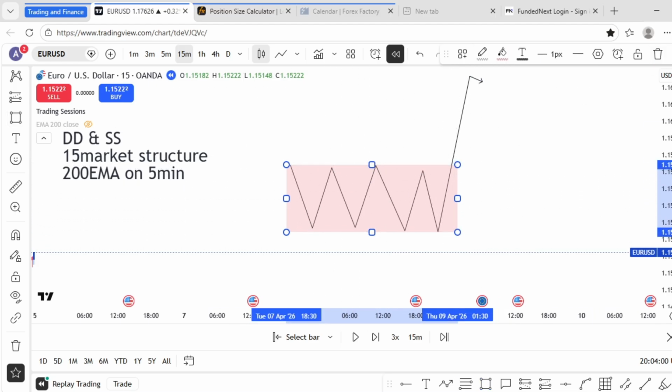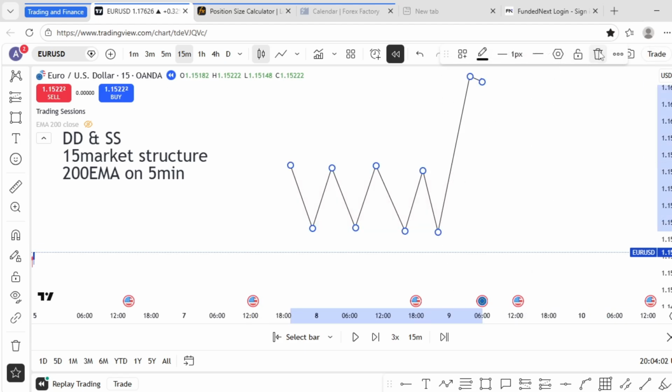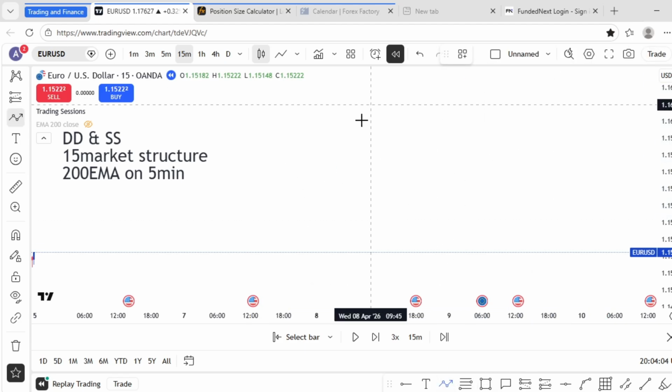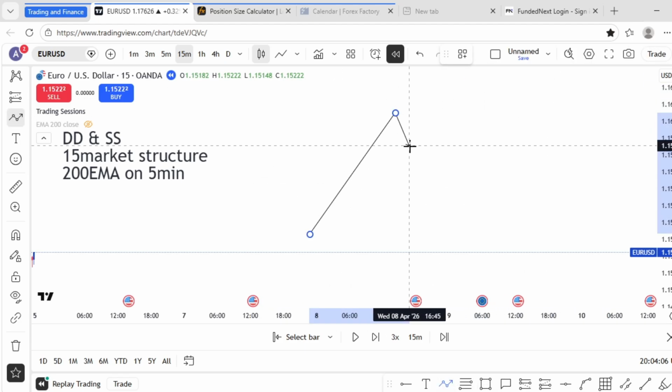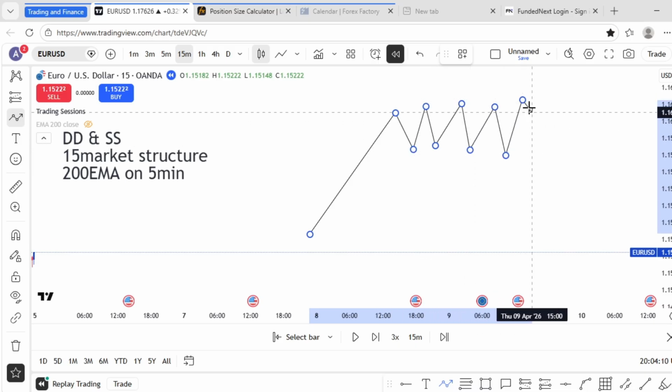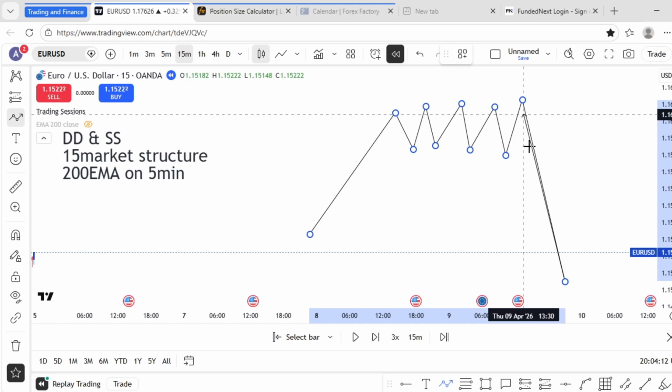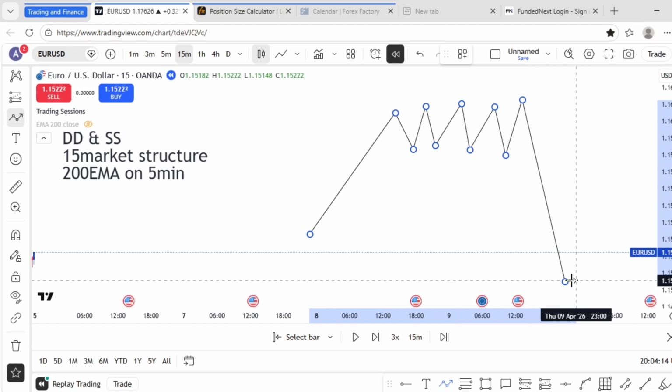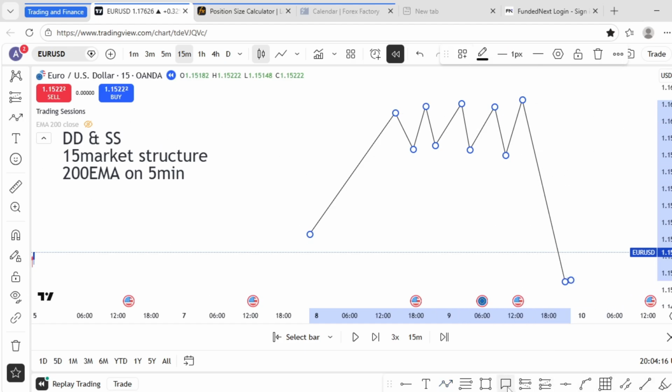And the opposite is supply. So let's say price is here and price decides to accumulate or consolidate and then gives a sharp sell move.